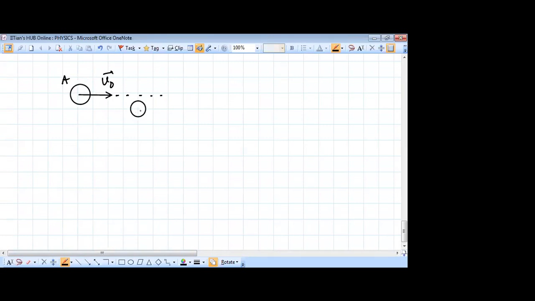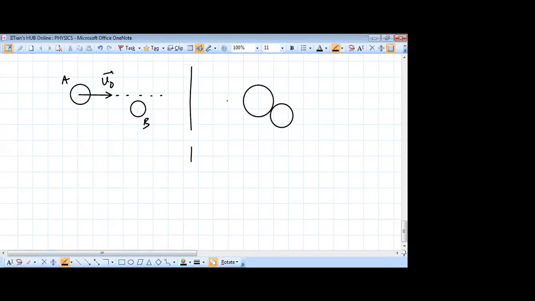Now the center of that body B is not lying along this line. So in this case something else will happen. What will happen in this case? When they collide, during the impact, the force picture will look like this.